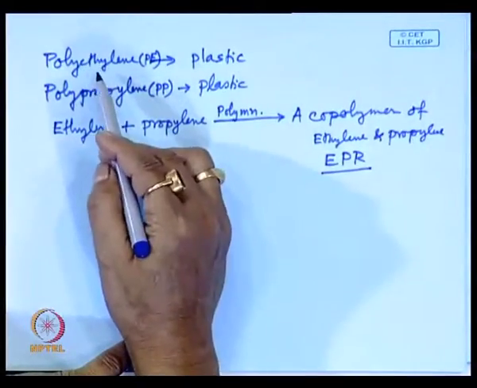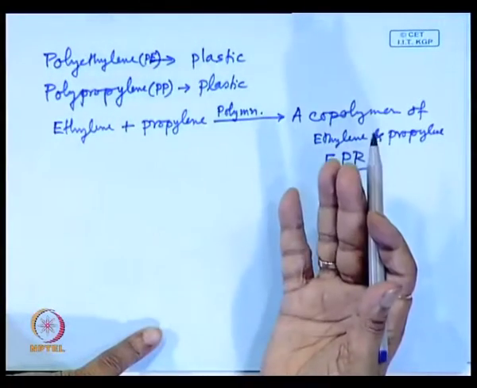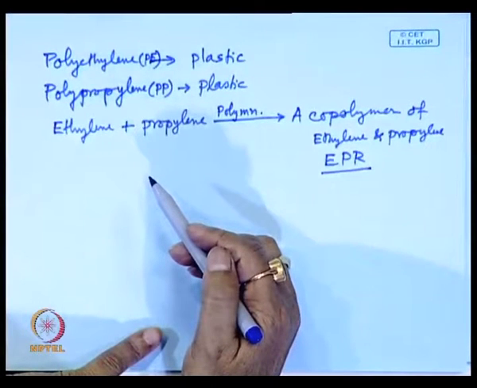The properties of this EPR is totally different from polyethylene and polypropylene. So, you got a new material from ethylene, polyethylene and polypropylene.